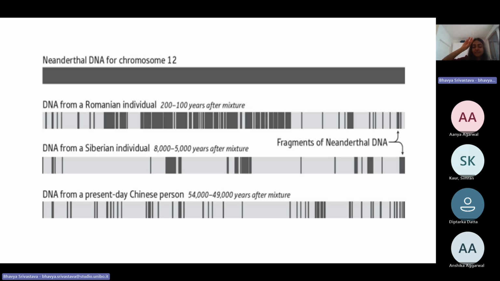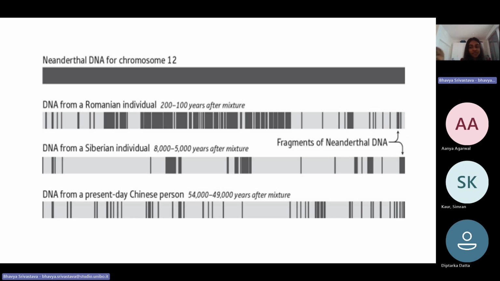The admixture that occurred 8,000 years ago is still getting carried on, but in just fragments and bits, because there is no new admixture taking place. Then you can see the DNA data of a present day Chinese person. 50,000 years since the Neanderthal admixture took place, the Neanderthal DNA is present in just traces. It's not even fragments now, it's just traces.